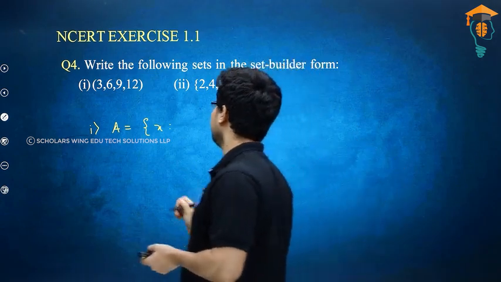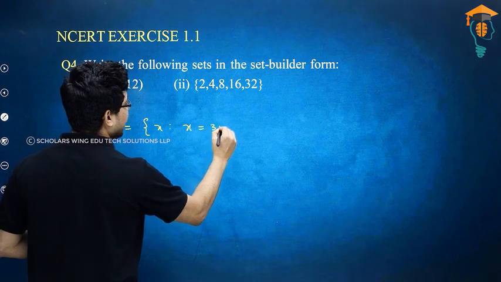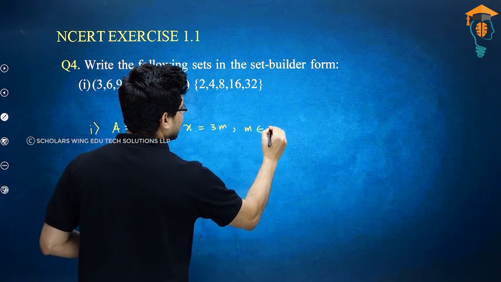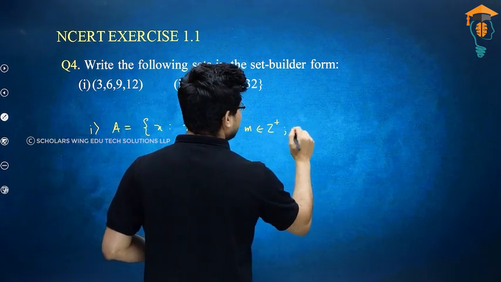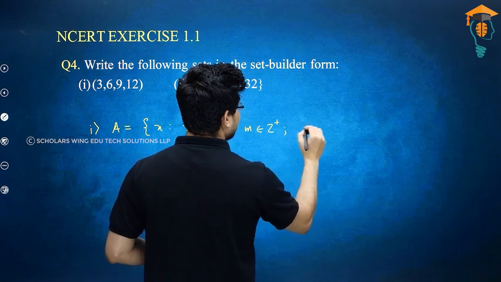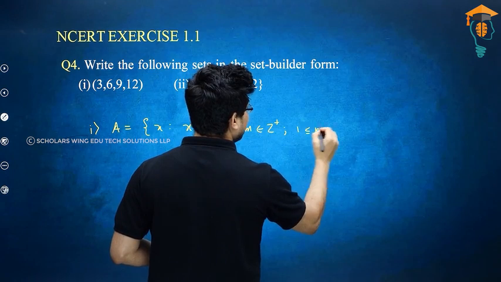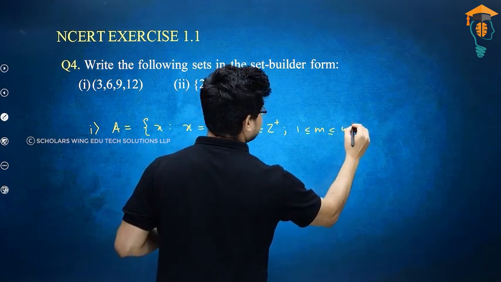Alright. So I will write A is X such that X is equal to 3M, where M belongs to positive integers and M is lying from 1 up till 4.